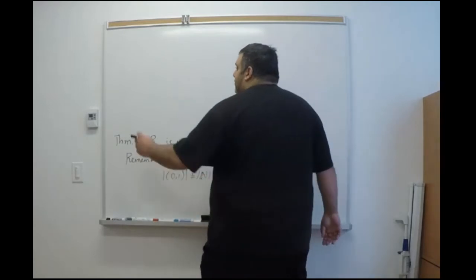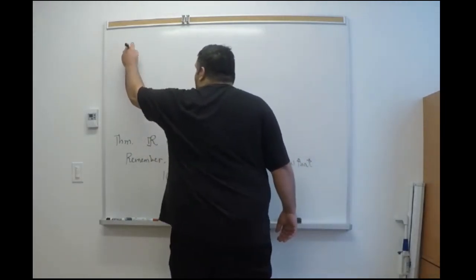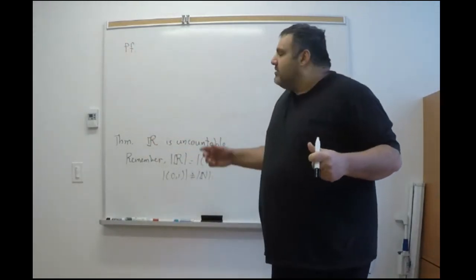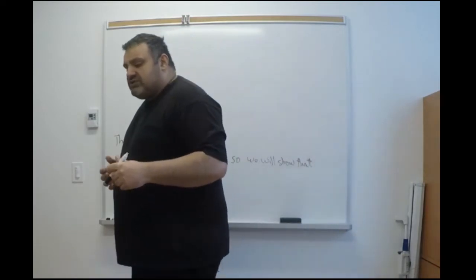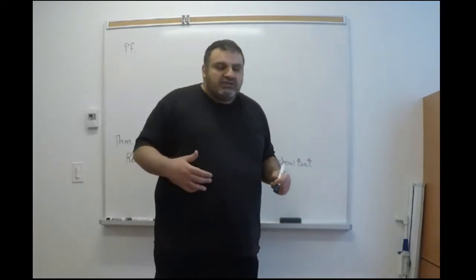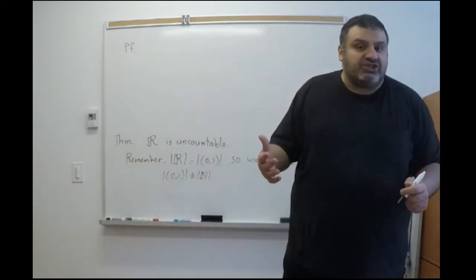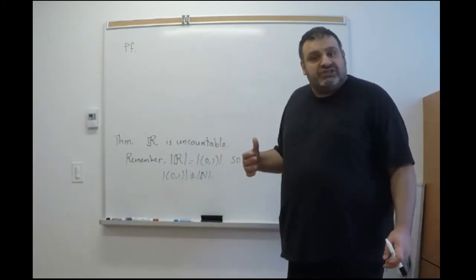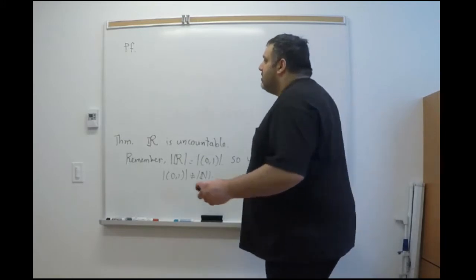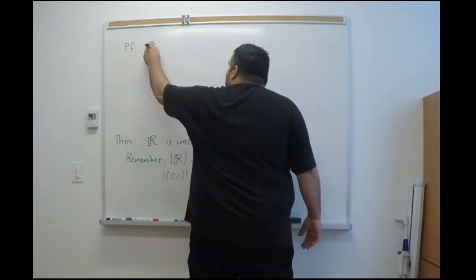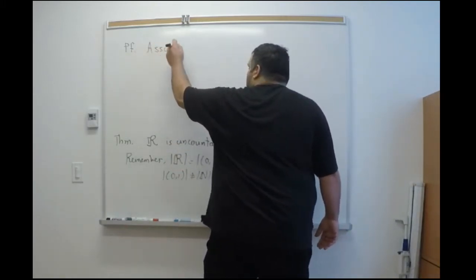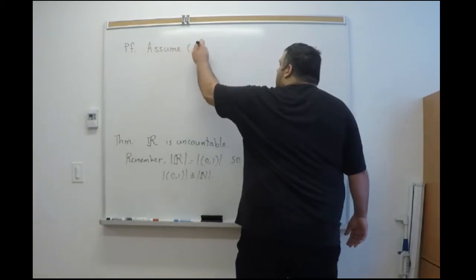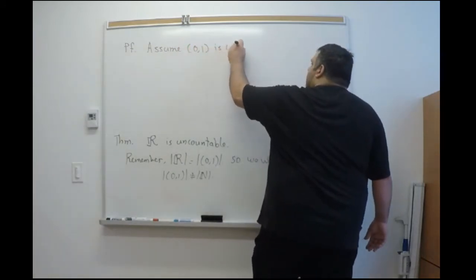Now, how do we do the proof? Most times, not always, but most proofs about showing something is uncountable are proofs by contradiction. So you assume it is countable, and try to show you get a contradiction somewhere. So assume that (0, 1) is countable.